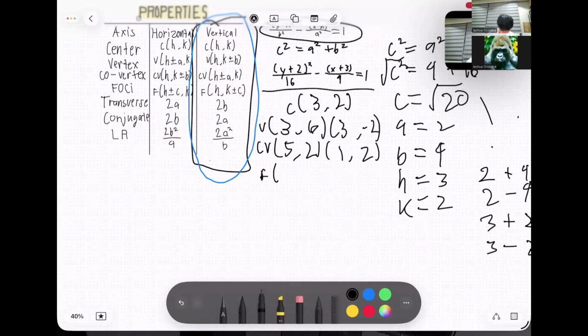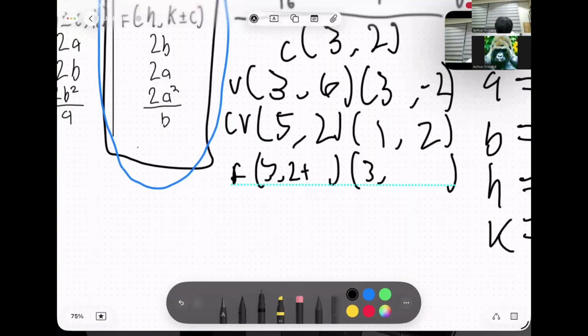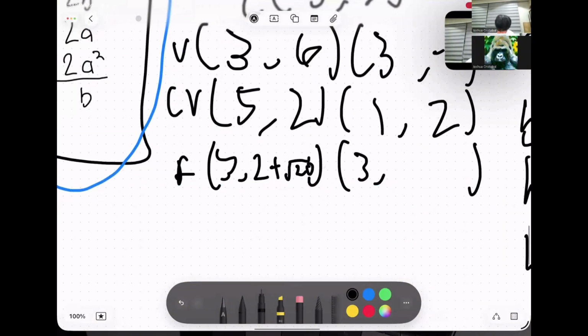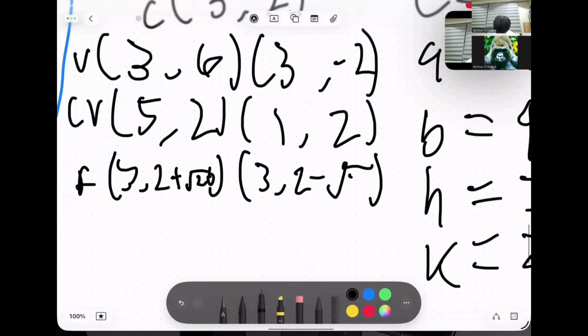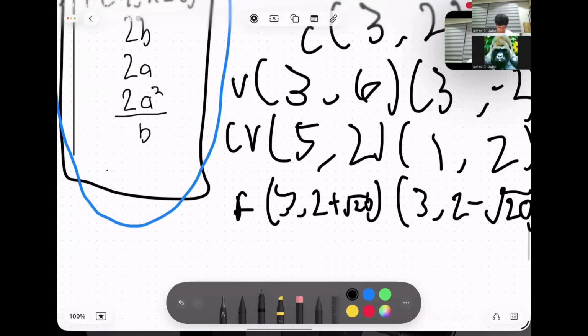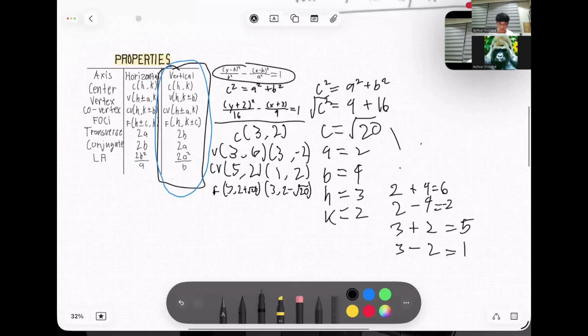The foci are given by h comma k plus minus c. So 3 comma 2 plus the square root of 20, and 3 comma 2 minus the square root of 20. That's our foci.